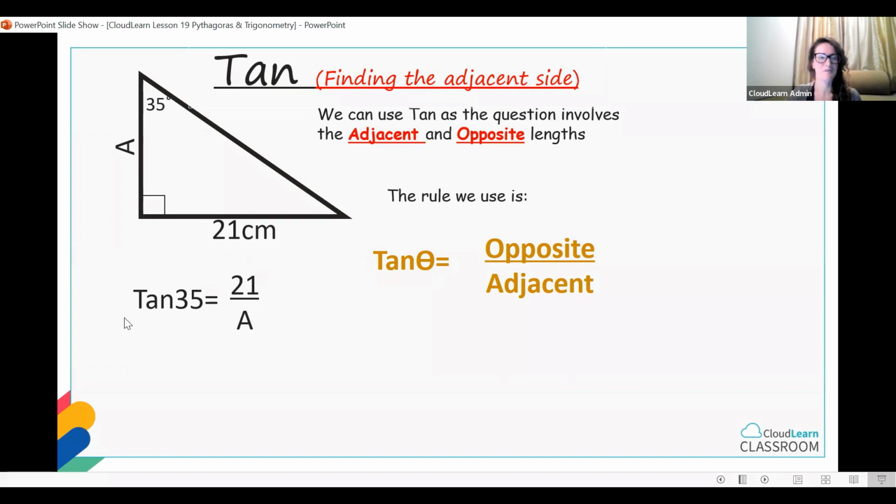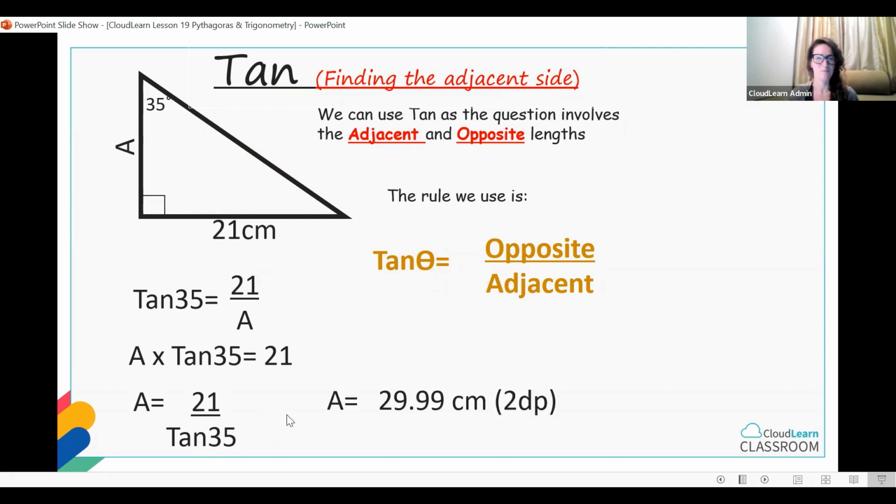We're going to times both sides by the unknown side A. So A times tan 35 is 21. And then A is 21 divided by tan 35 there. And again, popping that in your calculator, 29.99 apparently. So 21 divided by tan 35 is 29.9911. Yes, so it rounds to that, to 2 decimal places.